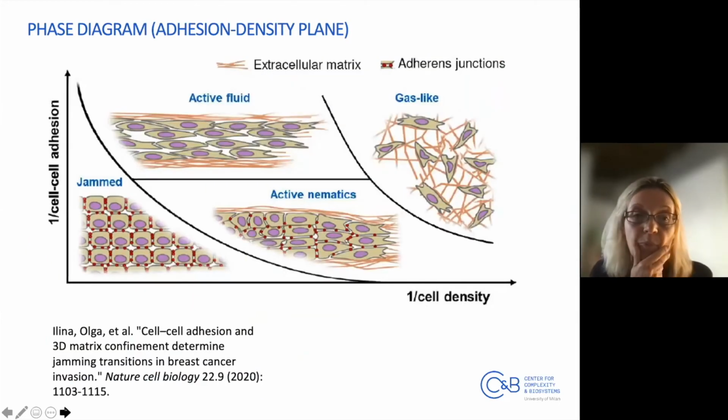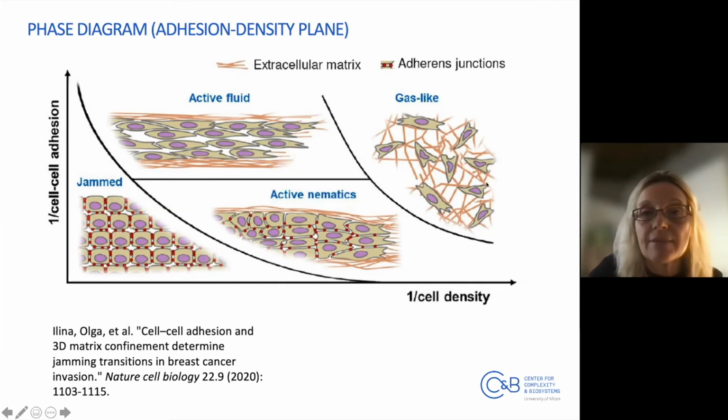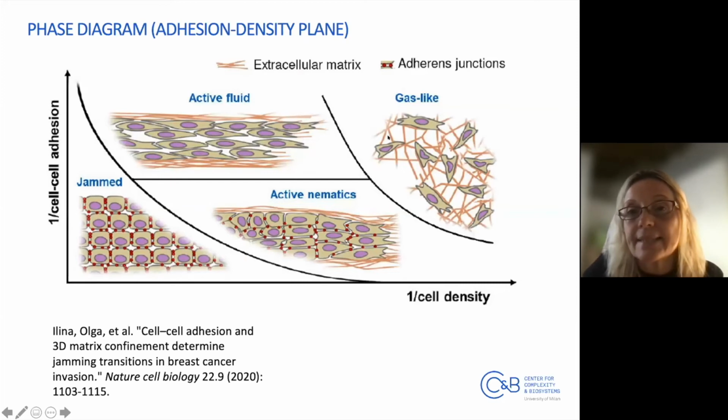So we propose in this paper a phase diagram where you have the two extremes that we can easily discuss: a gas-like system, where there are no junctions, and the jammed phase, where the cells are very well connected to each other and so they are in a jammed state. But you also have these intermediate states we heard about before, the active nematics.